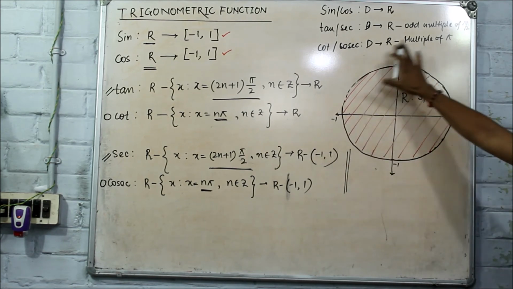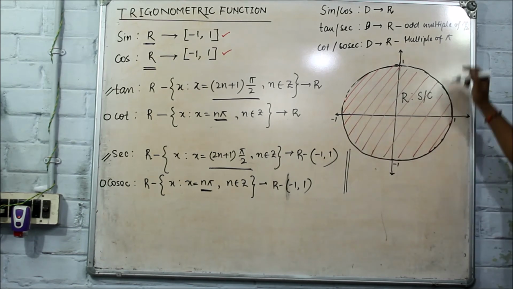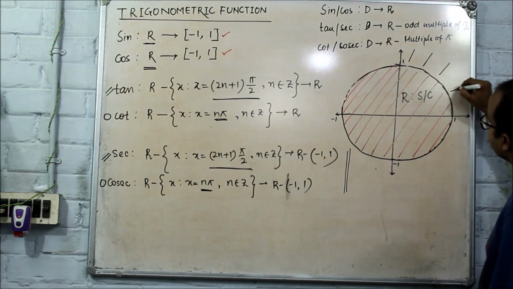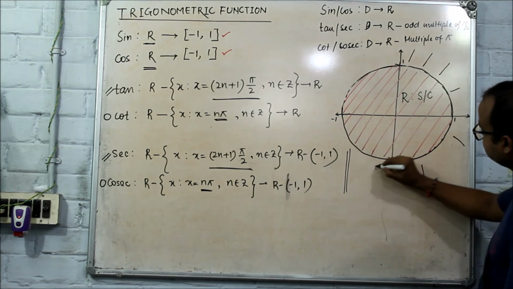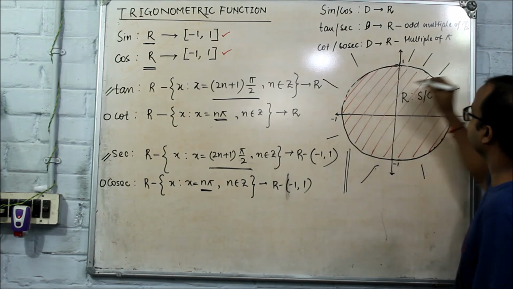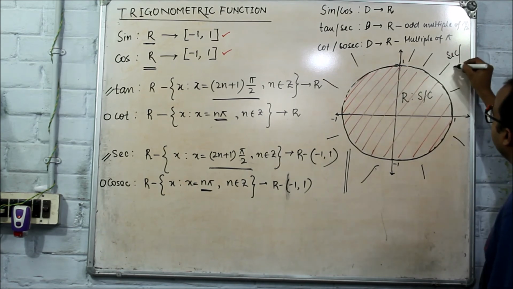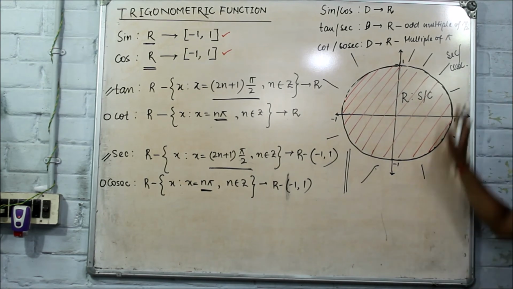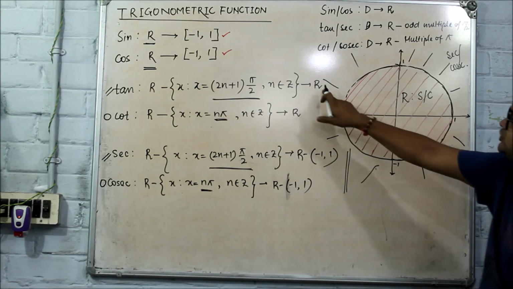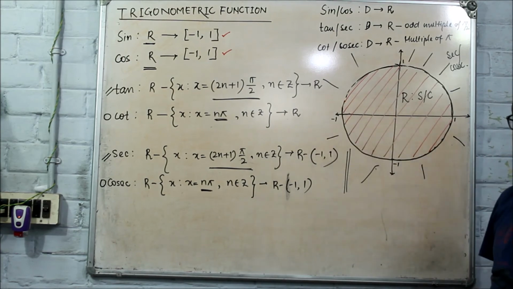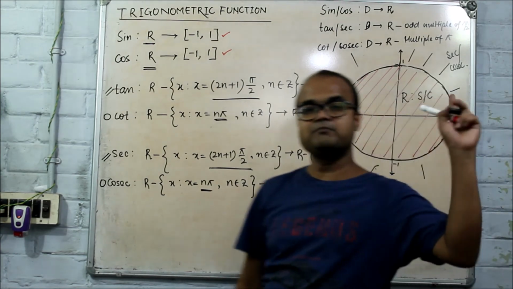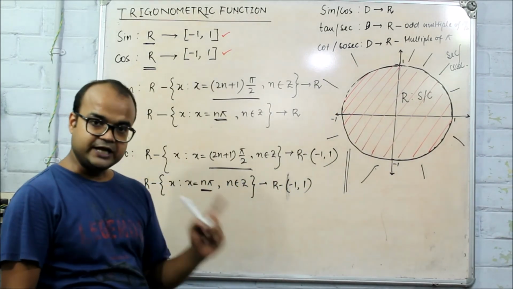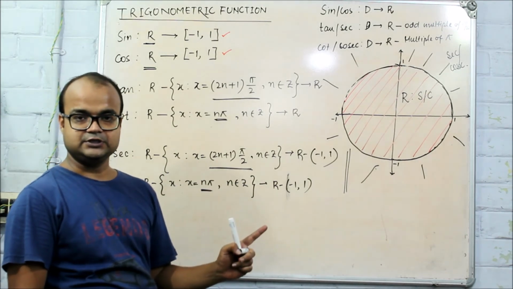If you draw a circle, it represents a plane. So outside this shaded region is the region of sec and cosec. And the entire plane is the range of tan and cot, because tan takes values from -infinity to +infinity. Cot in the same way, range is -infinity to +infinity.